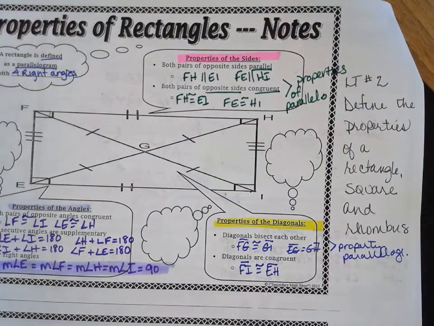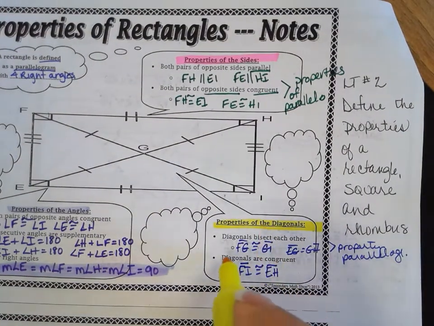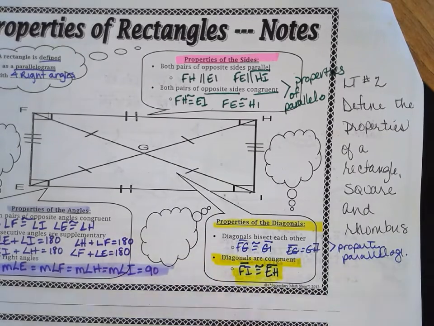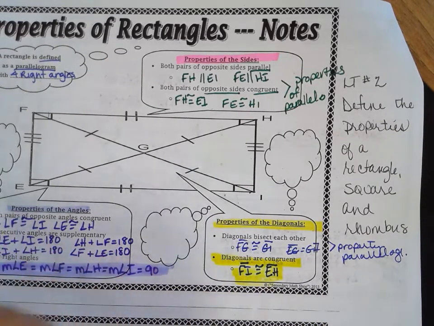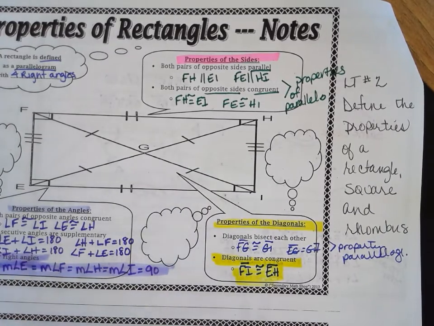Okay? So those two things, that the diagonals are congruent and that it has 4 right angles, those are the 2 things that make it special, that we can say, hey, it's a rectangle.